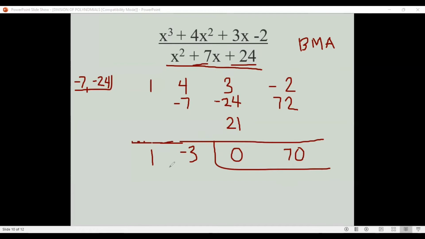Now, why is that so important? Because you have to interpret this. Remember, this is x raised to the 3rd power being divided by x raised to the 2nd power. So this pertains to x raised to the 1st power, which is the difference of 3 and 2. And the negative 3 here is the constant.